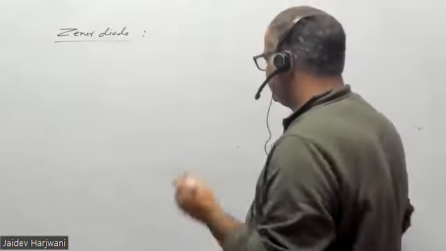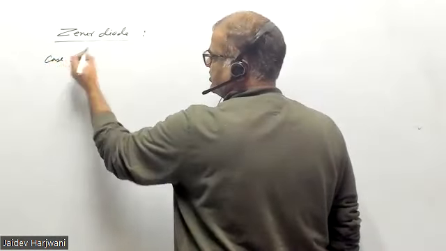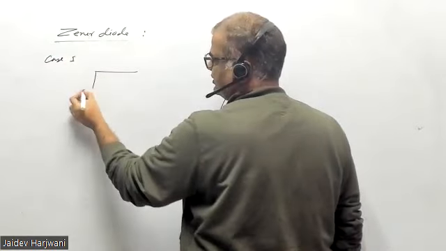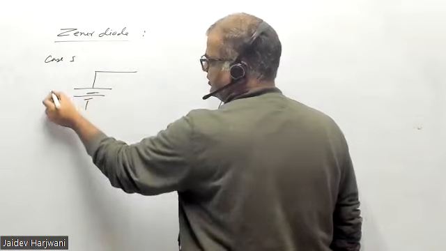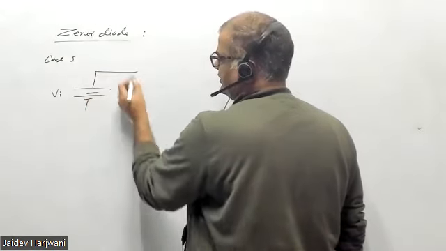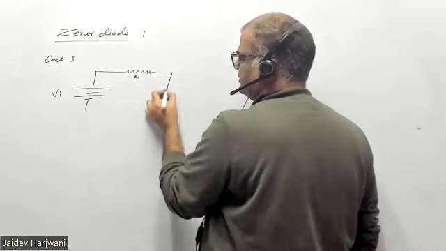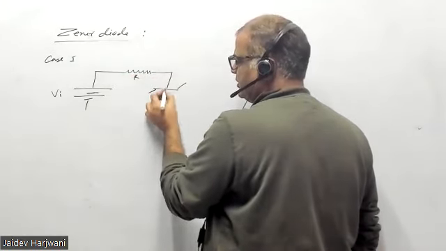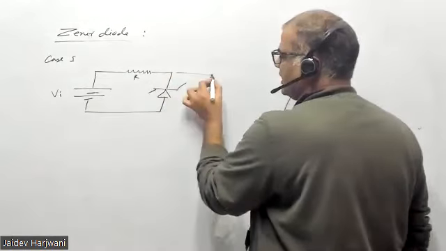Okay. So now let us discuss some cases. Case first. You have this V input, and here you have a resistance R. This is your Zener diode, and this is RL.